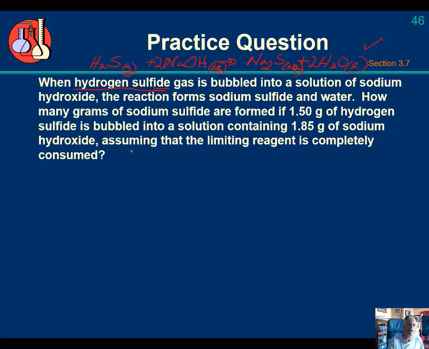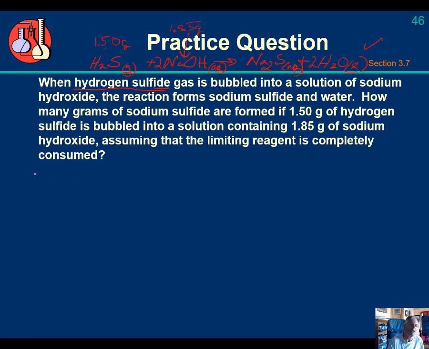All right, so here we go. What they've given me is 1.50 grams of hydrogen sulfide, and I've got 1.85 grams of the sodium hydroxide. So the first thing I need to do is convert grams to moles.